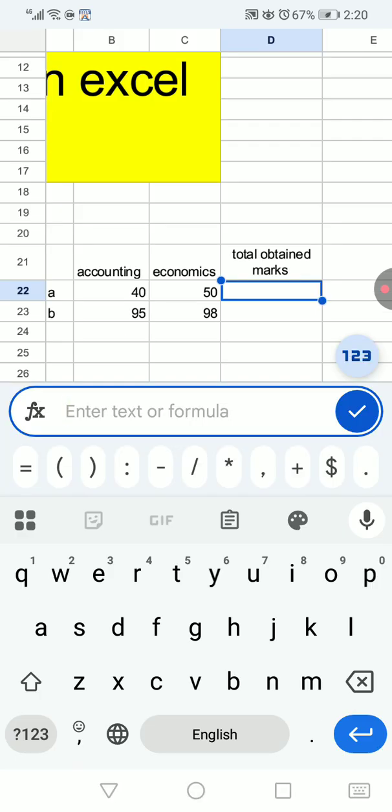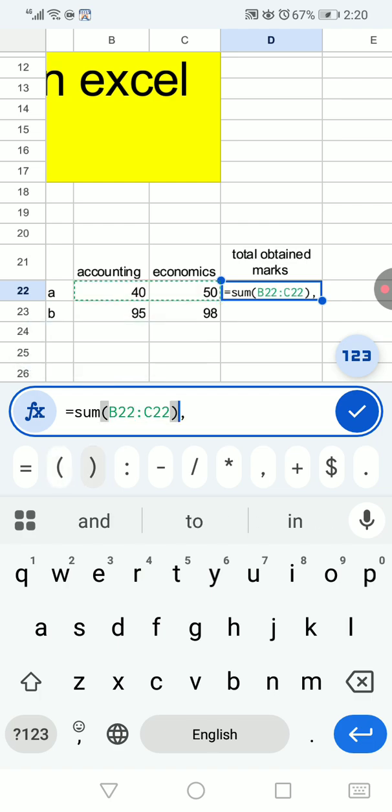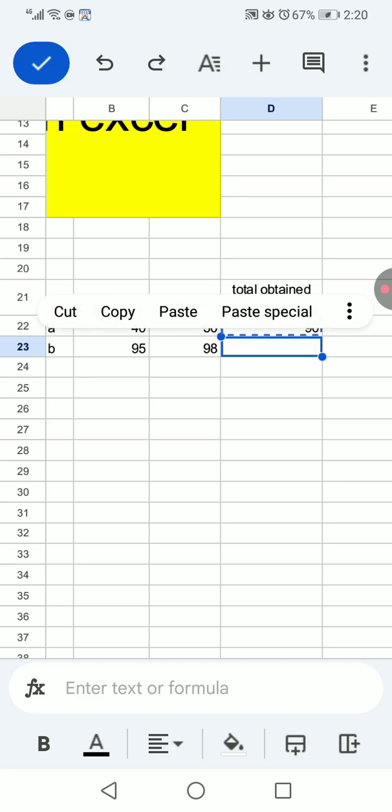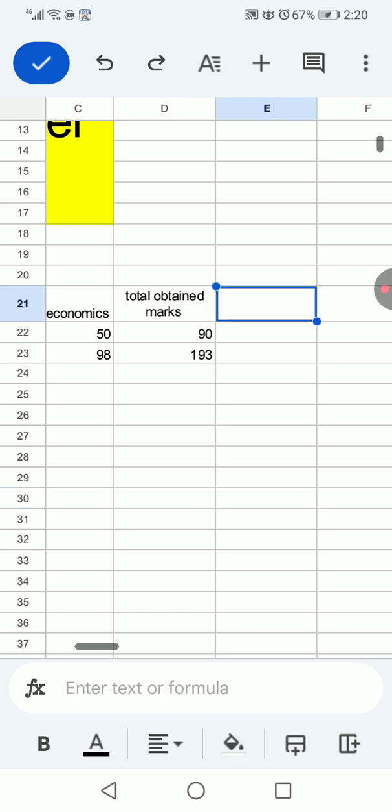We will use the SUM formula. First is equal to SUM, bracket open, first subject and second subject marks. Here you can take a screenshot. So we have got total marks 90. Now copy this formula and paste. The second student has got 183.